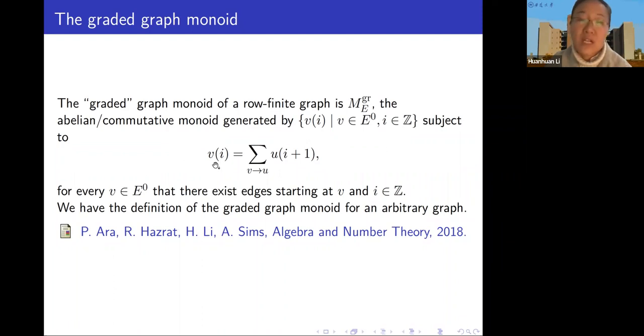We have the relation that if there are edges starting from V, then V_i is the sum of U_{i+1}, where U ranges over all the ranges of edges starting from V. Here we have i plus 1.